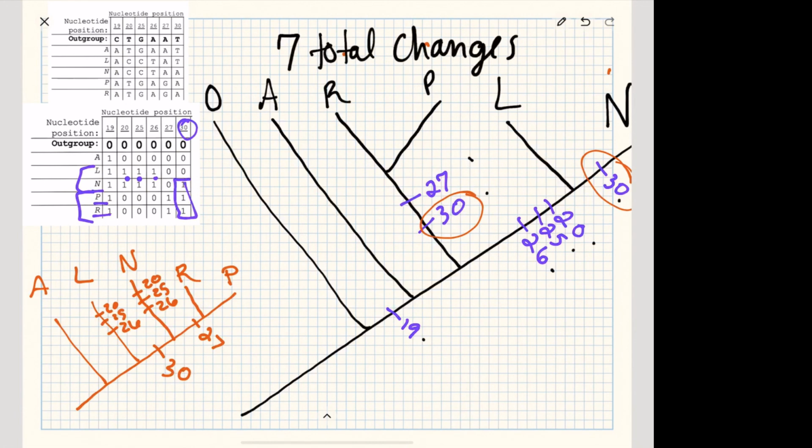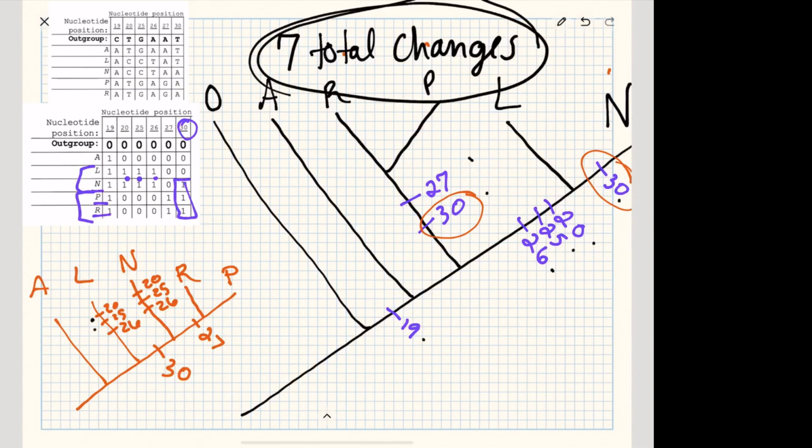And so now the ultimate test here for a parsimony analysis is to compare the total number of changes on different possible cladograms here. And it looks like this one on the right that we built together, that one had 7 total changes. While the one on the left, when we include nucleotide position 19, this one has 9 total changes.